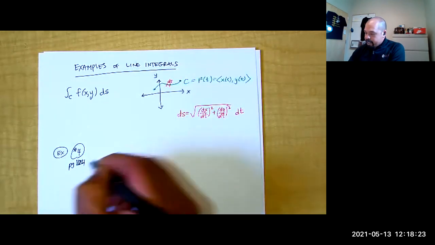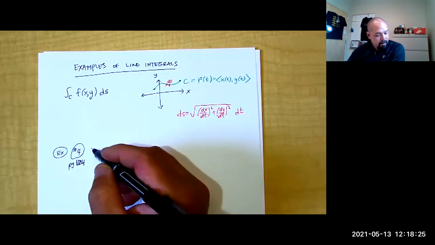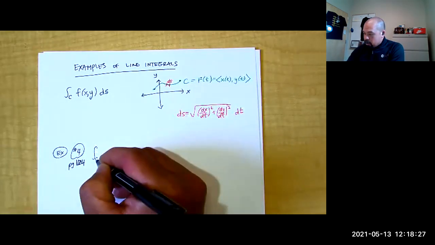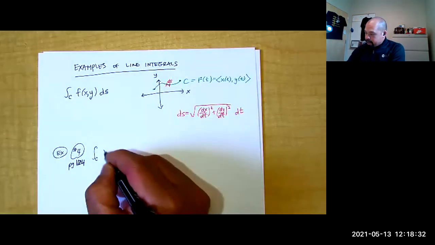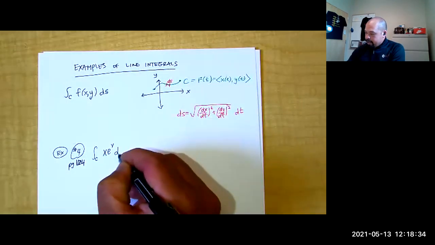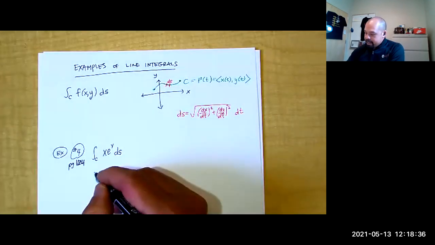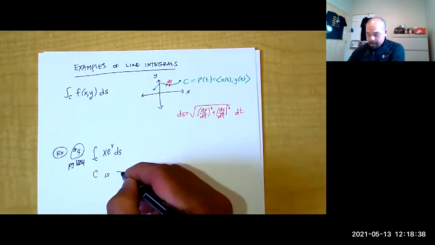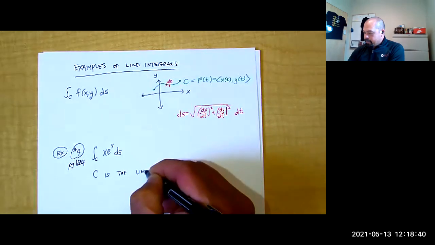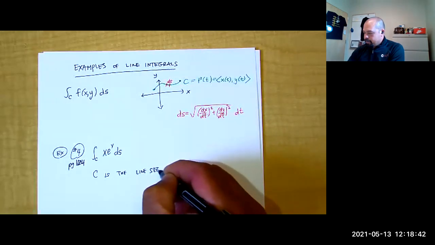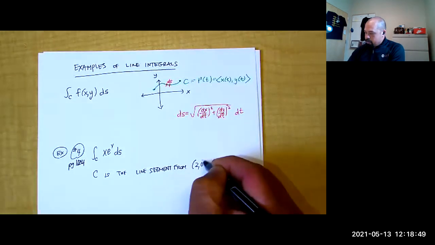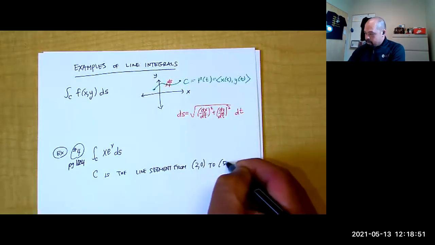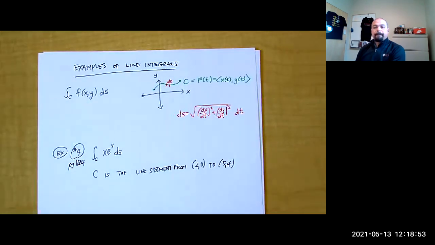This is on page 1124 of the text. Evaluate this line integral across C of our function, x times e to the y, ds, where C is the line segment from (2, 0) to (5, 4).